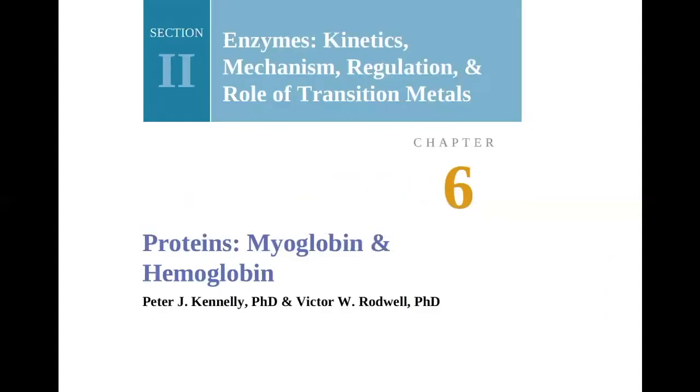This is the chapter where I'll be lifting the majority of the topics from. This is chapter 6 on your proteins, which is myoglobin and hemoglobin. Our focus will be on hemoglobin.